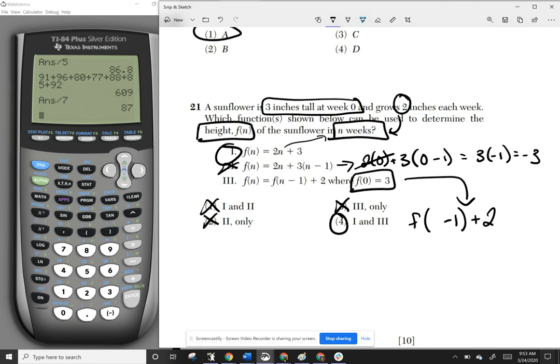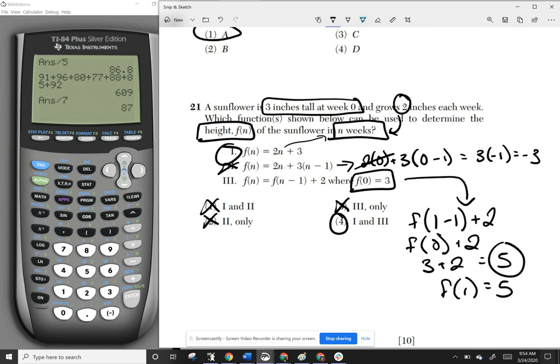So if we wanted to find f of 1, the next one, we would get f of 0 plus 2. We know f of 0 is 3. We get 5. So at week 1, we get 5. And that makes sense, because after another week, we should be increasing by 2. So 3 works.